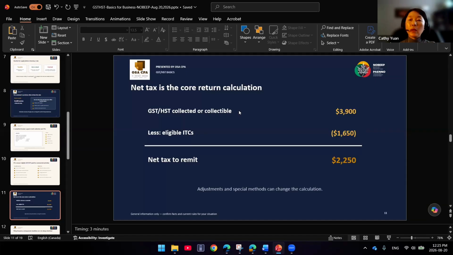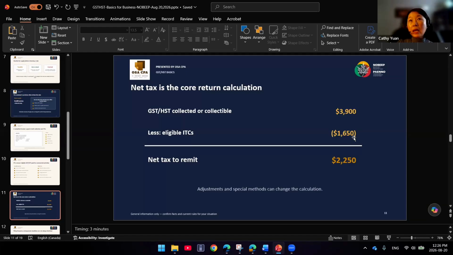In the first year we invest, we have to buy lots of tools, lots of equipment, but we paid about 1,650 in ITCs. Then we can get this refund from CRA. That is, we pay tax, but we can get it back. Okay, it's very good. Yeah, I like it.